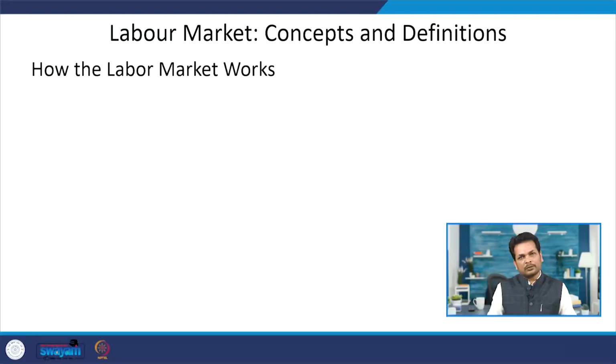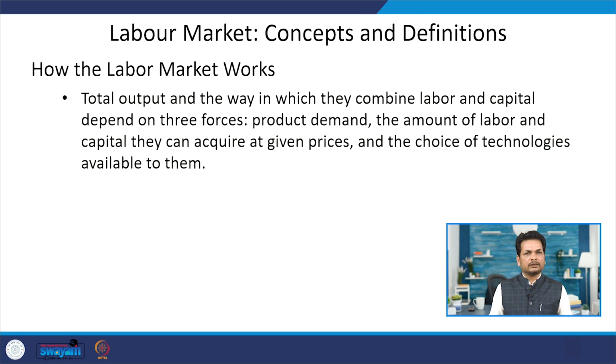So, to summarize how the labor market works, the total output and the way in which farms combine labor and capital depend on three forces. From the product market, it is the product demand. From the labor and capital markets, the amount of labor and capital they can acquire at given prices, and the choice of technologies that are available to them.